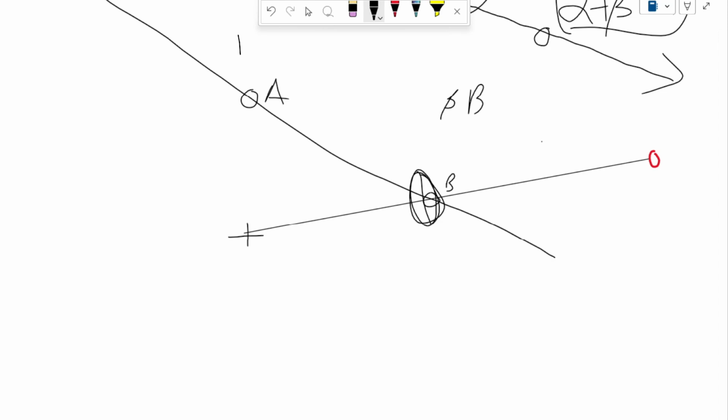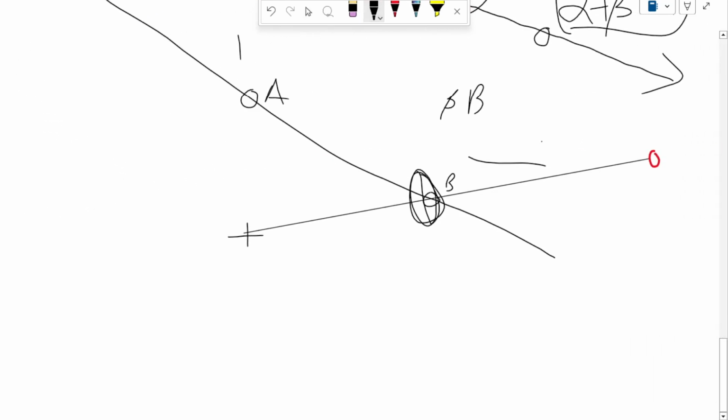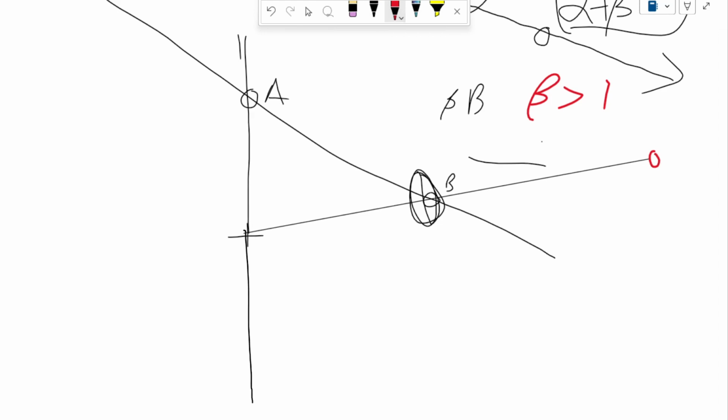So if I draw the line from A, here, by taking beta bigger than 1, I must then take alpha to be negative, which means that this is going to end up going out to here or something similar.